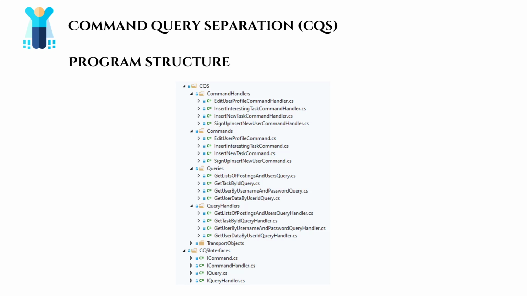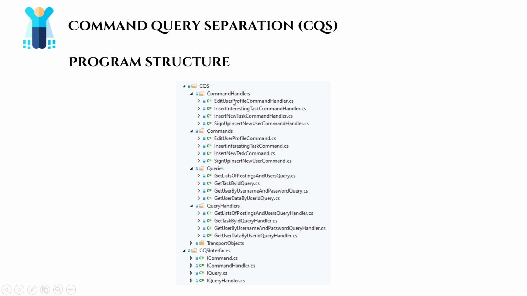And following is the structure of our CQS. The base of CQS are the interfaces. We have 4 interfaces for the command, command handler, query, and query handlers. And we have 4 different folders for command handlers, commands, queries, and query handlers.